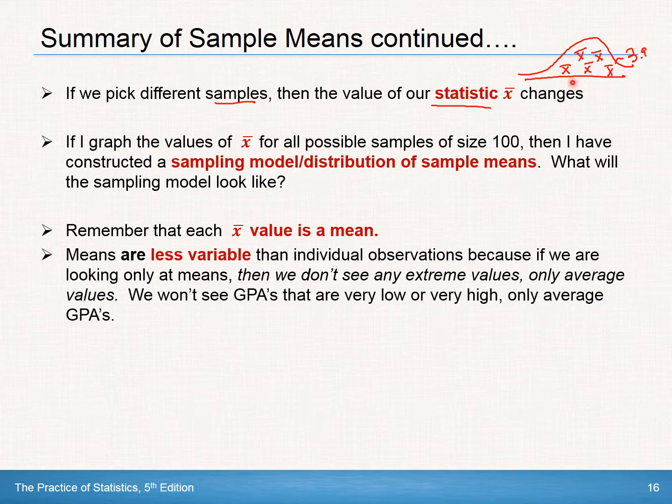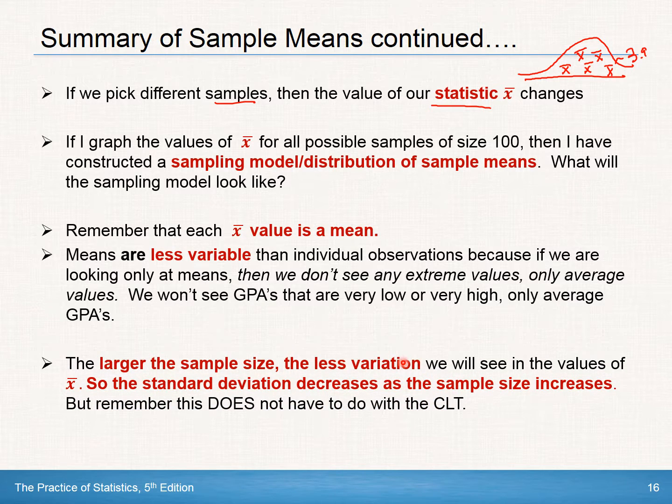We're averaging out the low and the high extreme values, and then we're taking the average again to find the average of all of your averages. So we're not going to see GPAs that are extremely high or extremely low, because this low GPA all the way down here got averaged with this high GPA up here, and it's going to put it right in the middle. We're only taking a look at average GPAs.